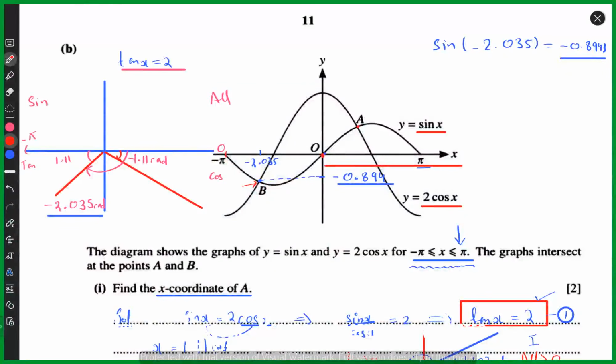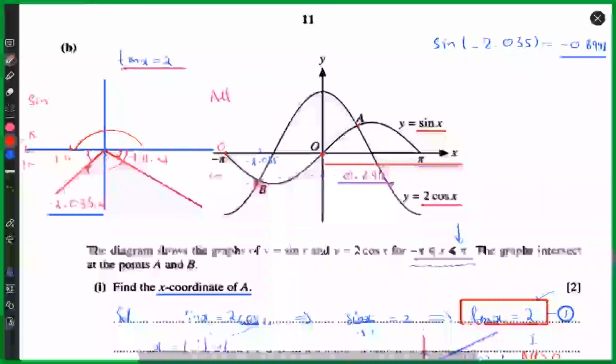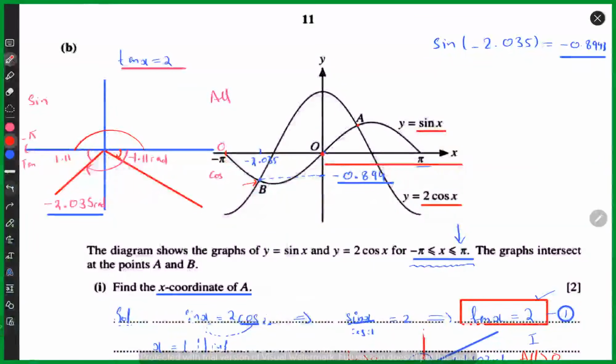Because for positive angles, if you have 0 to pi, these two would have been the quadrants, right? But the issue is that when we have negative angles, we don't measure the angle in the anti-clockwise direction. We go in the clockwise direction. So that was the difference.